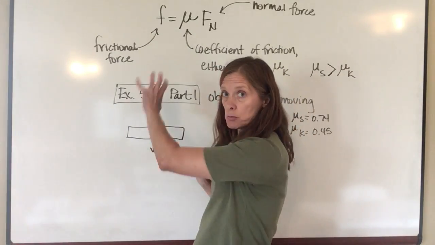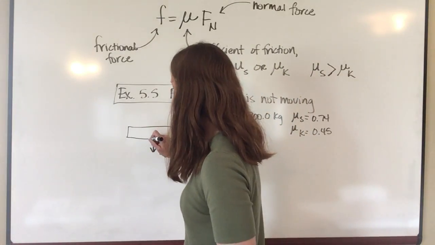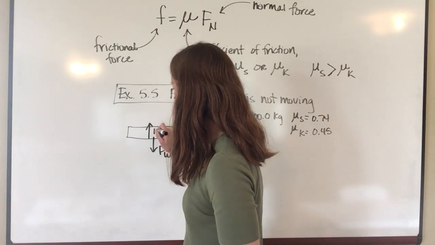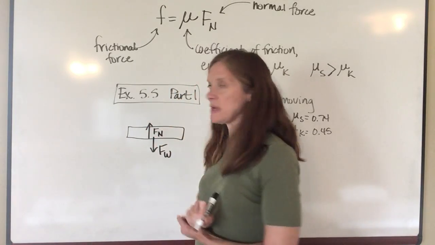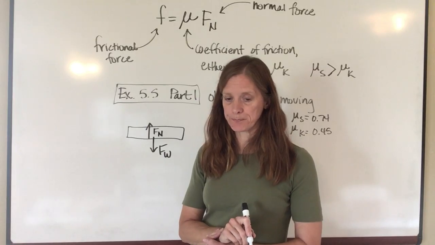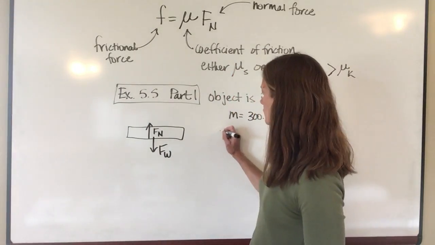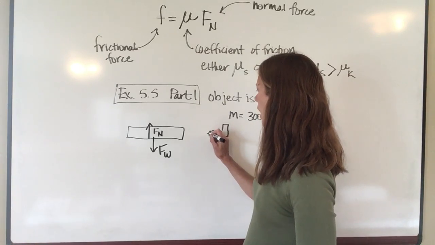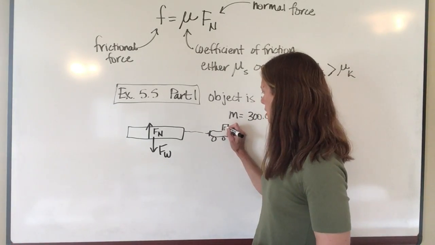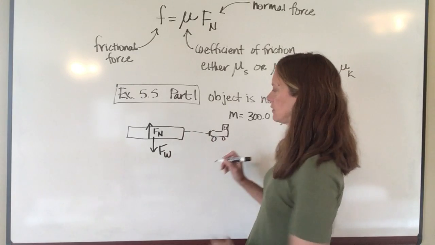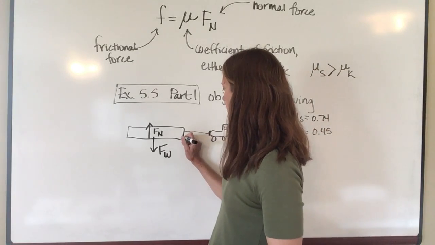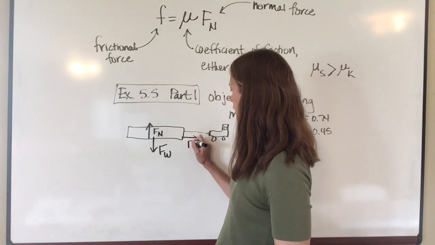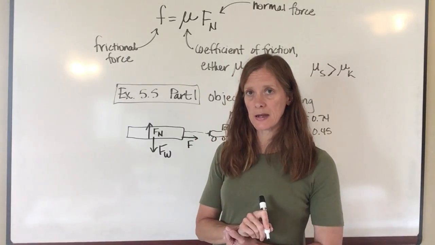The object isn't moving in a vertical direction, and so therefore the normal force is going to be acting upwards on the object. The truck, actually the truck was over here. I didn't put the truck in here. There's my very odd looking truck. Okay, so the truck is pulling this direction, and so he is applying a force this way.